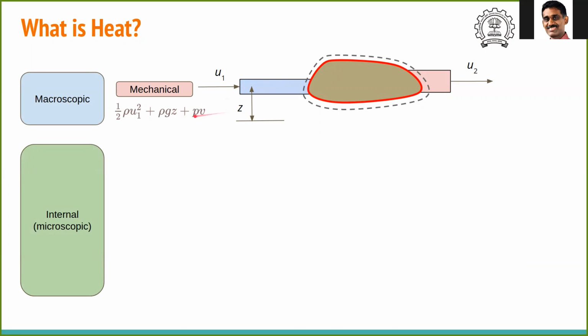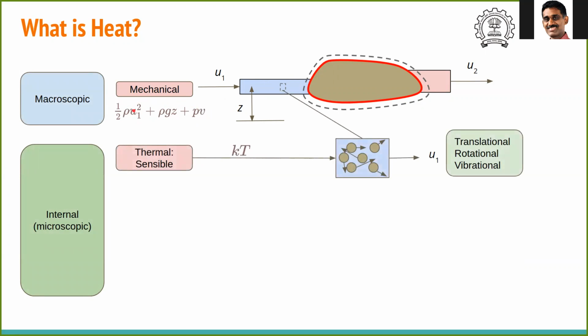Then you have the potential energy, and this is called the flow work, which you might have studied in transport phenomena in the previous semesters as well as in thermodynamics. So these three terms form the mechanical energy.